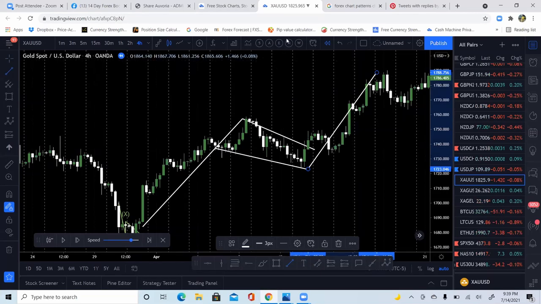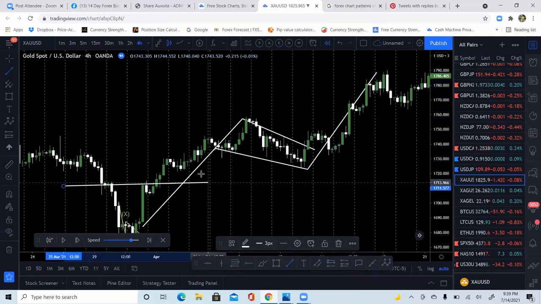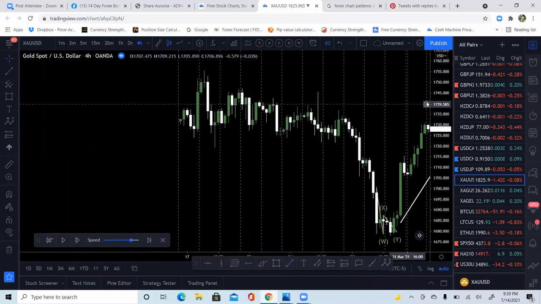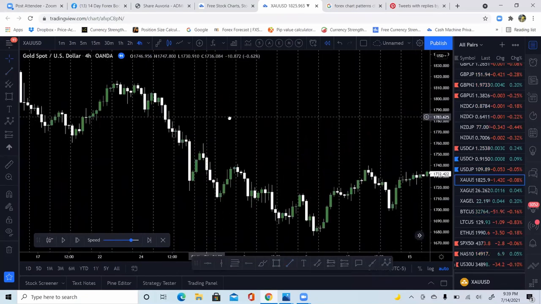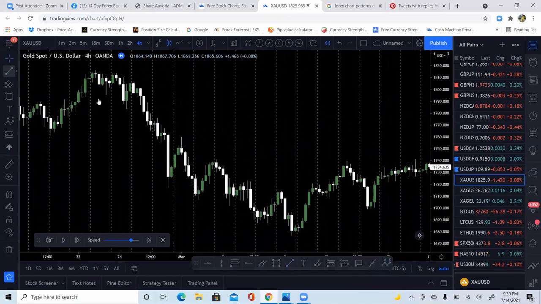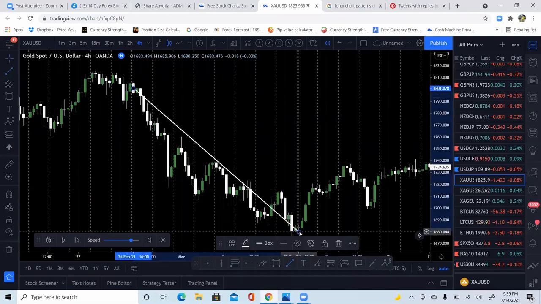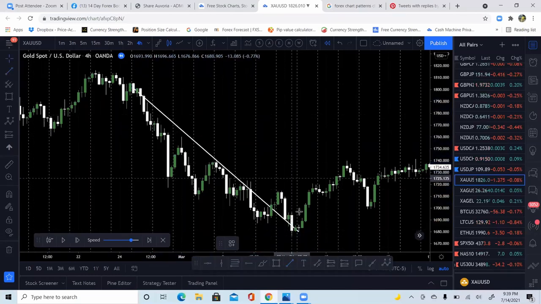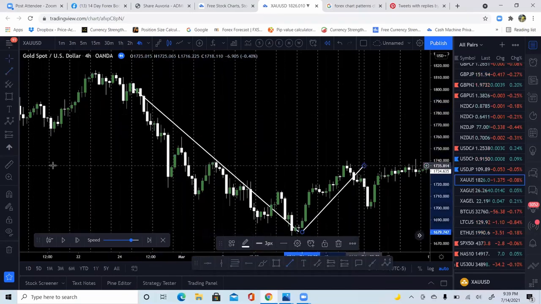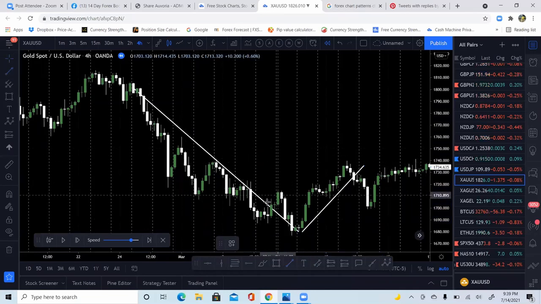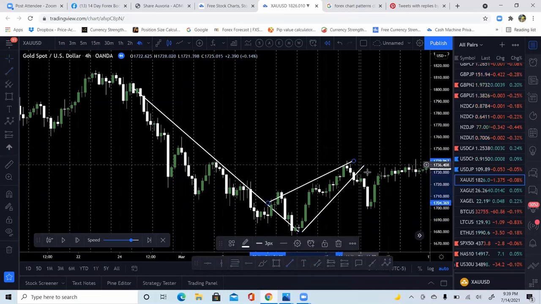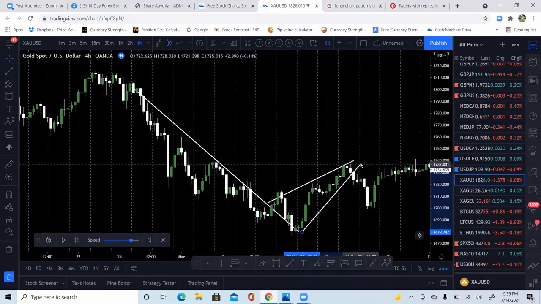Well, what about the other way, like a bearish flag? All right, let's see if we can find one of those. Right here. So you got your downward momentum. Wasn't the best flag, but it still counted. And it's more of a wedge than a flag, actually, now that I do it.